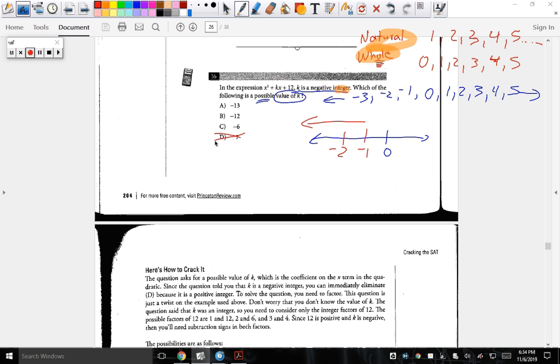Okay? Does that make sense? Okay. So which of the following is a possible value of k? So if I'm looking at x squared plus kx plus 12, because of the fact that this is a trinomial and this is quadratic, chances are that I can go ahead and factor this.